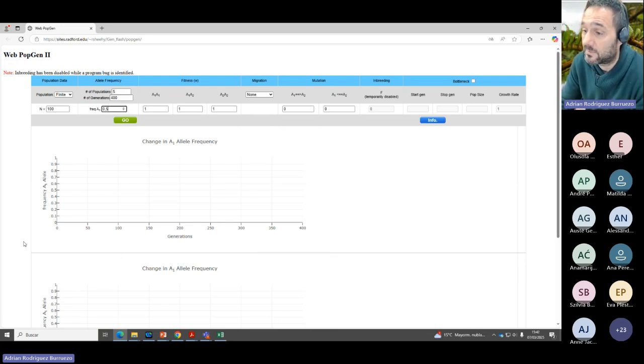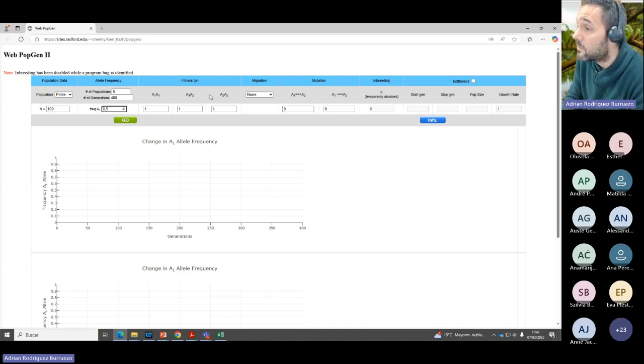This is very important. I will start with a frequency of allele A1, or p, of 0.5, which means that the frequency of A2 is also 0.5, as the complement to 1. Well, you can see also here fitness.